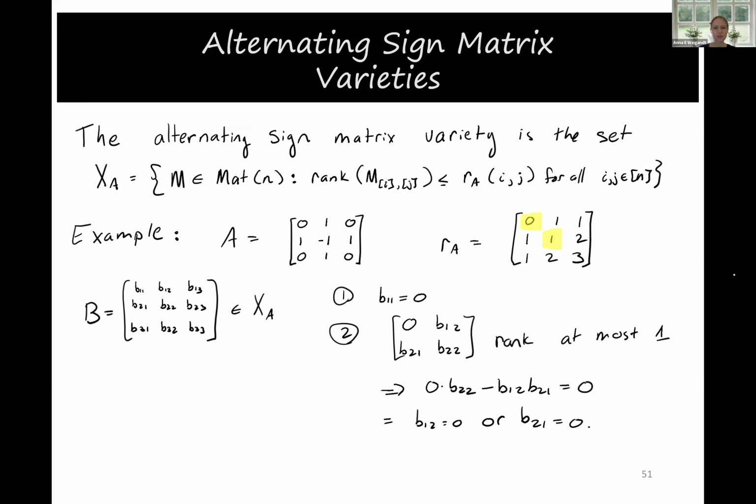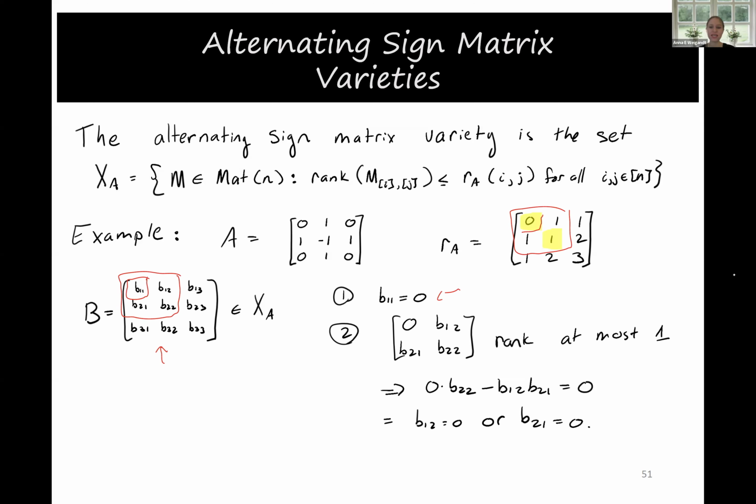And so what we can do is start working out what these conditions are telling us. If we take a generic matrix here, this rank 0 means that the top 1x1 matrix has to be rank at most 0, which tells us that this entry has to be 0. This being rank at most 1 tells us that this submatrix has to have a vanishing determinant.